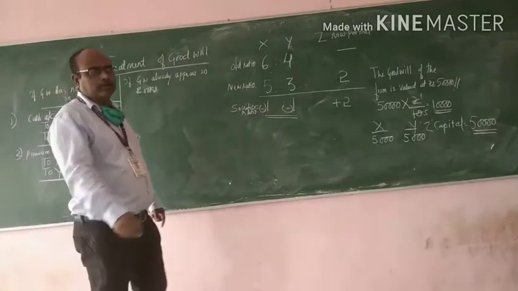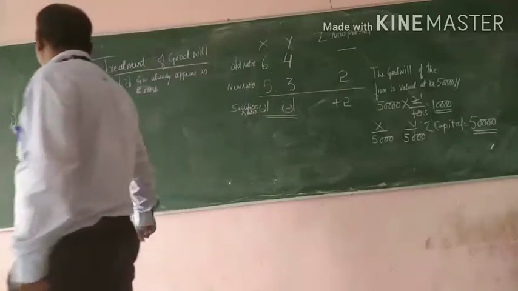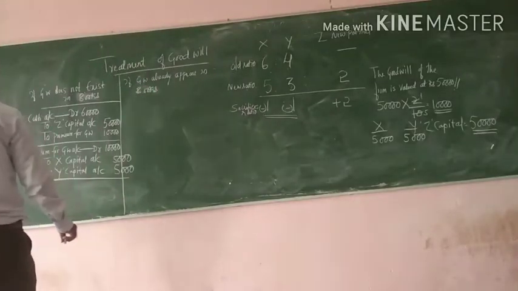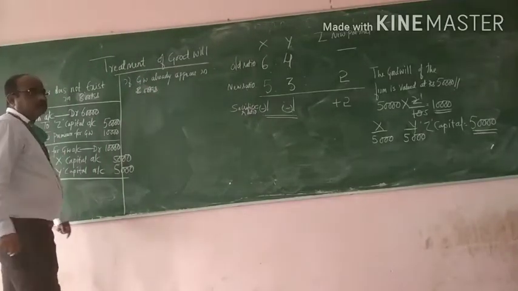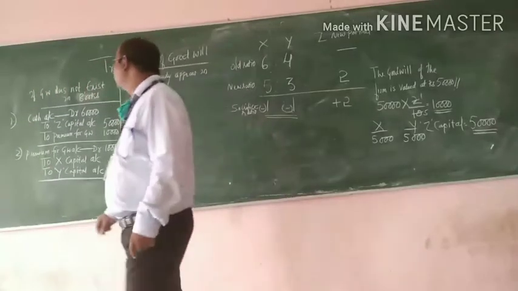So this is how you are supposed to pass the journal entries in case goodwill is not existing in the books and the new partner brings goodwill in the form of cash.